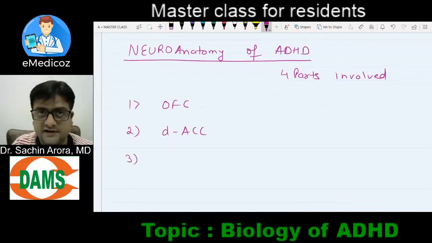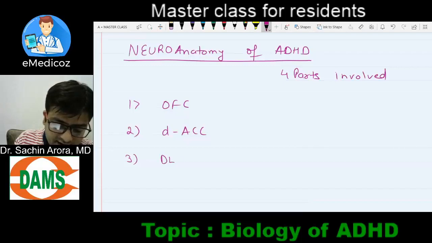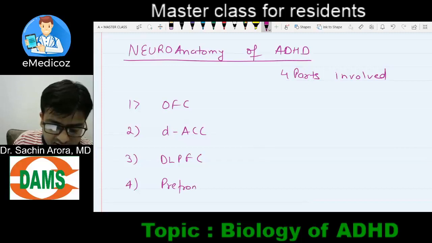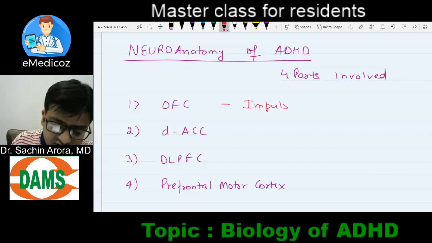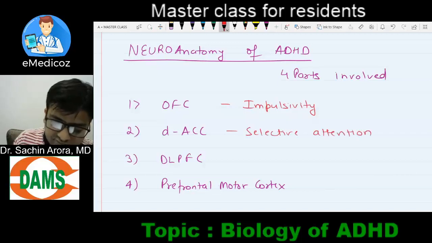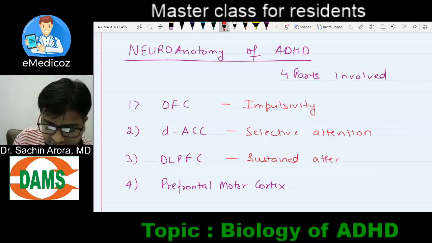You are supposed to write in the exam as full forms: DLPFC and prefrontal motor cortex. When you write, you can also mention in front of each: impulsivity, selective attention, sustained attention, and problem solving, and hyperactivity.